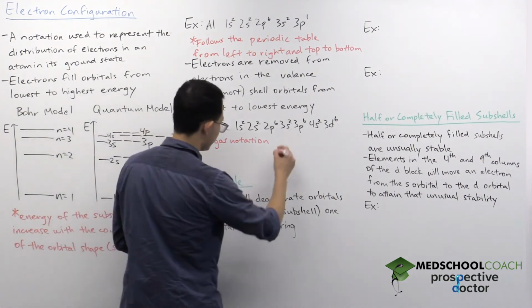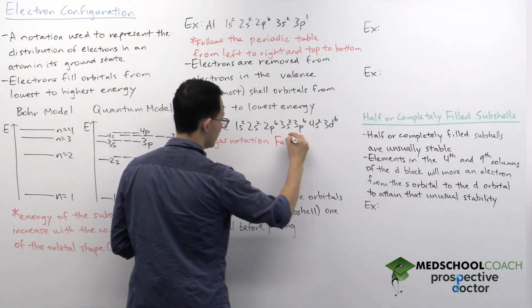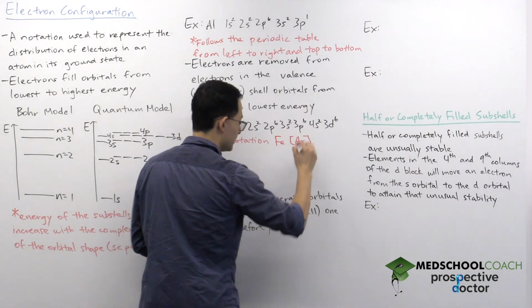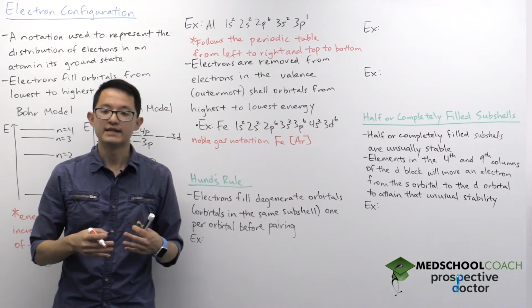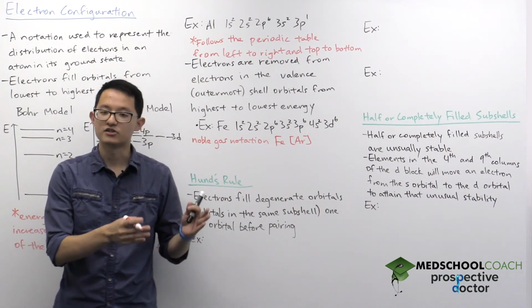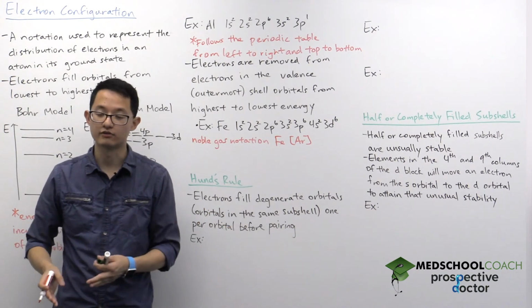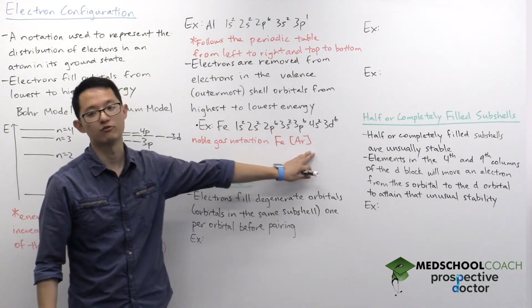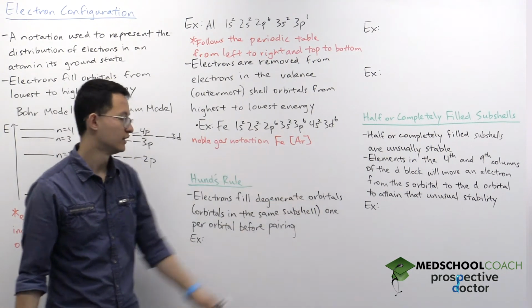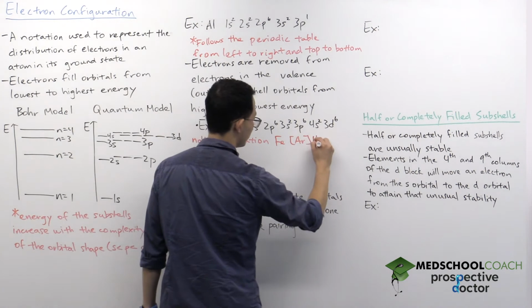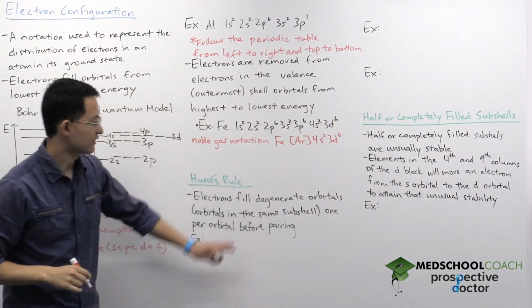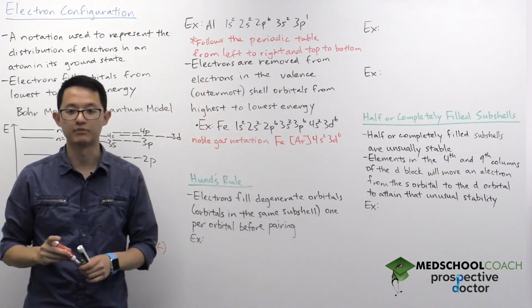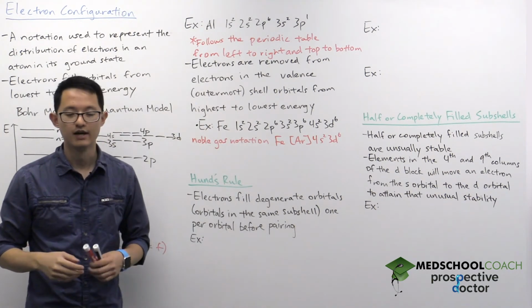And what you would just do then for iron is you would put argon in brackets. When you write argon in brackets, that means you're representing all the electrons starting from hydrogen all the way through argon. So you just have to write what's left after argon, which would just be 4s2, 3d6. Both of these notations are acceptable for the MCAT, and it'll just depend on what you see in the answer choices.